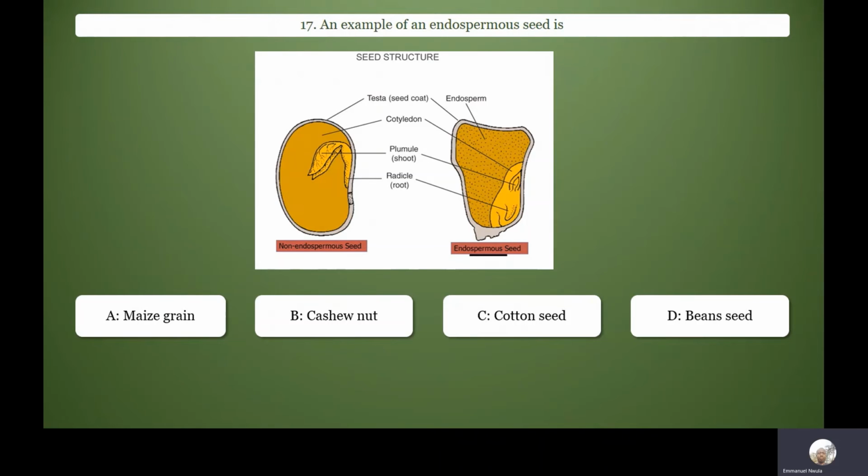In monocots especially, the endosperm is still there after the fruit or the seed is developed. So it's a food storage structure in the seed. So you still find that in the maize grain.